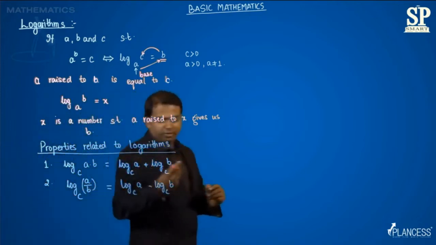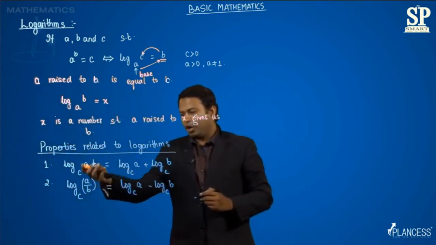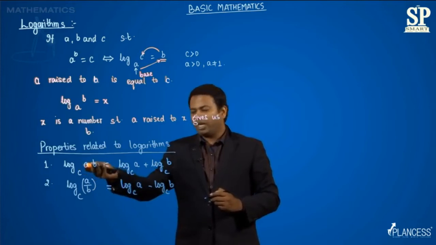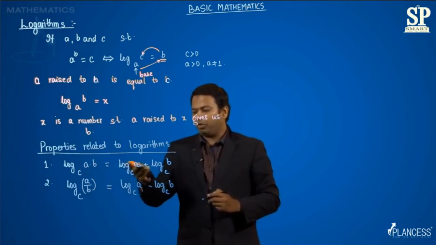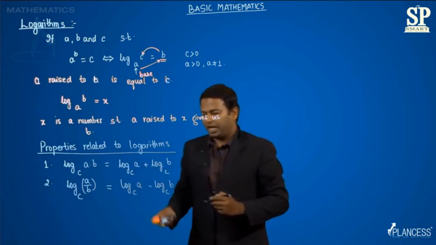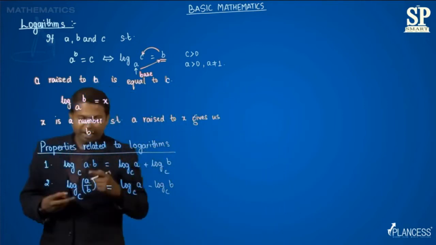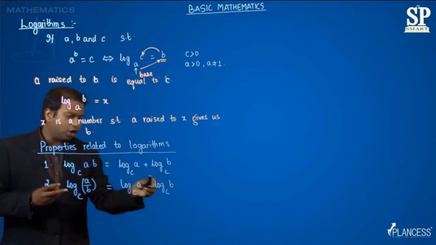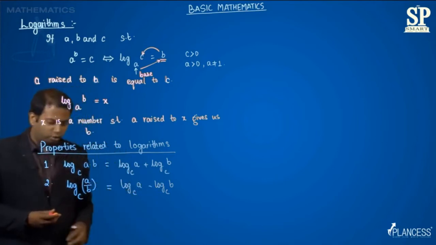These are the first few properties. When two numbers are multiplied and we want to separate them inside a log, it just becomes an addition, and in case the numbers are divided, A upon B, we can write it as a difference of the two logs.